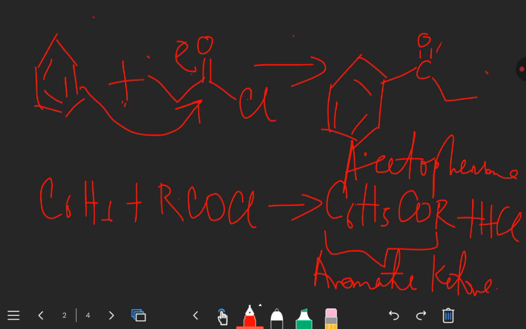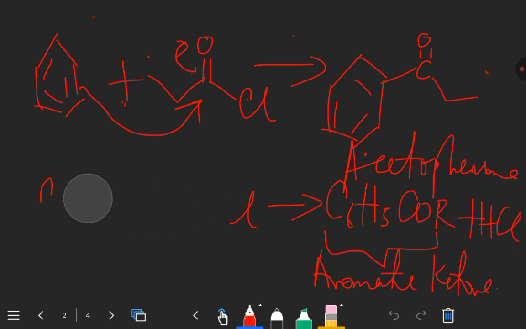Then we have a double bond there, which is a carbonyl group, which is simply a ketone. Okay, so this is the product which we are forming, an acetophenone. So this is how this reaction is able to take place.